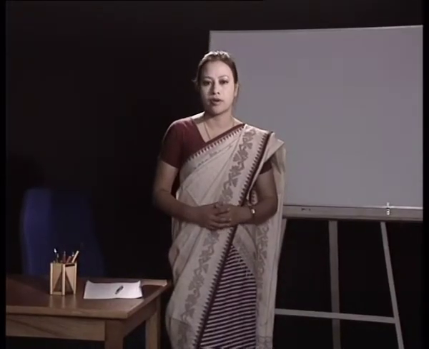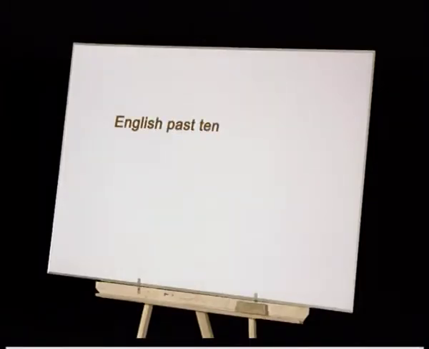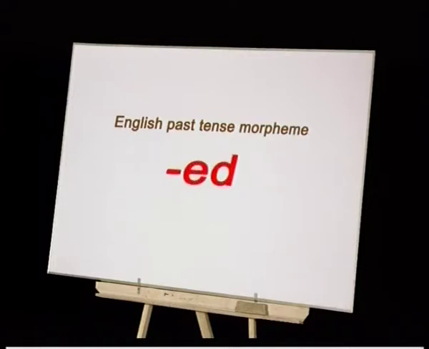Now, let's talk about allomorph. Sometimes we may run across the term morph. The term morph is used to refer specifically to the phonological realization of a morpheme. For example, the English past tense morpheme ed has various morphs.